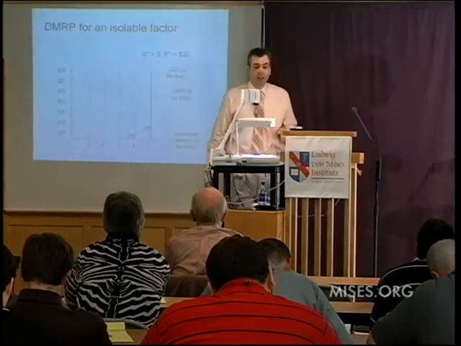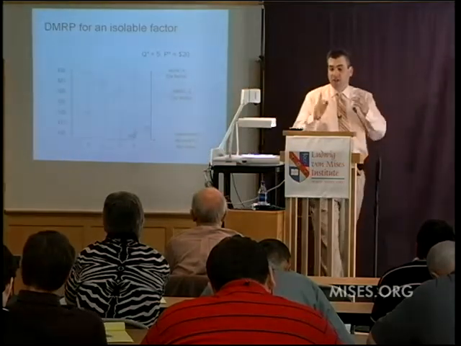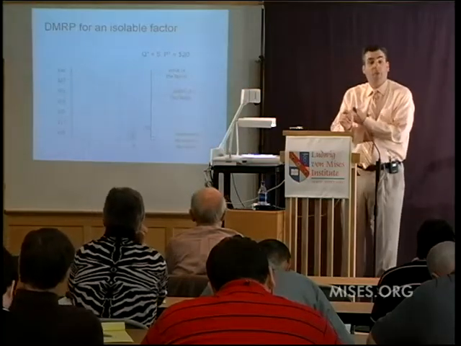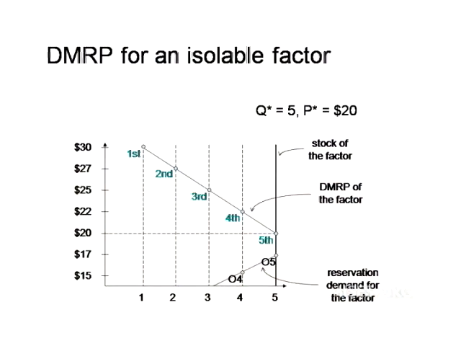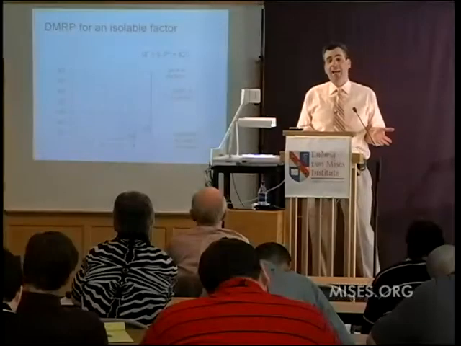Just as we did yesterday, the equilibrium price of the factor is determined by where this demand curve, given by the discounted marginal revenue product of the factor, intersects the vertical line representing the available stock of that factor of production. So again, this is just demand and supply analysis.